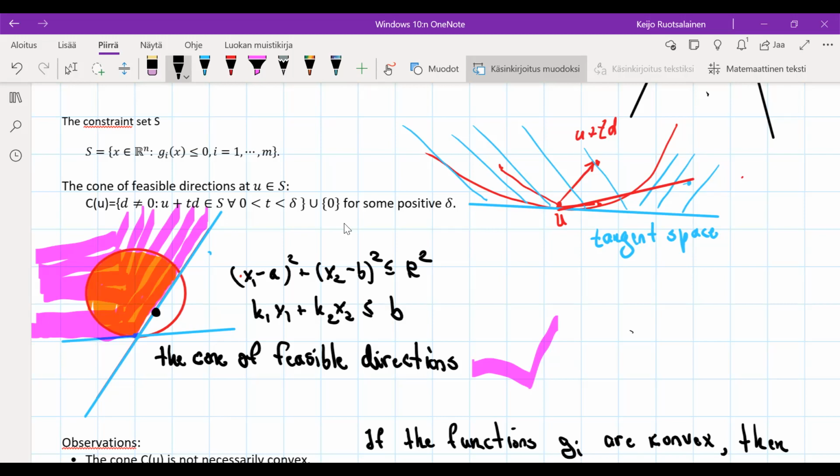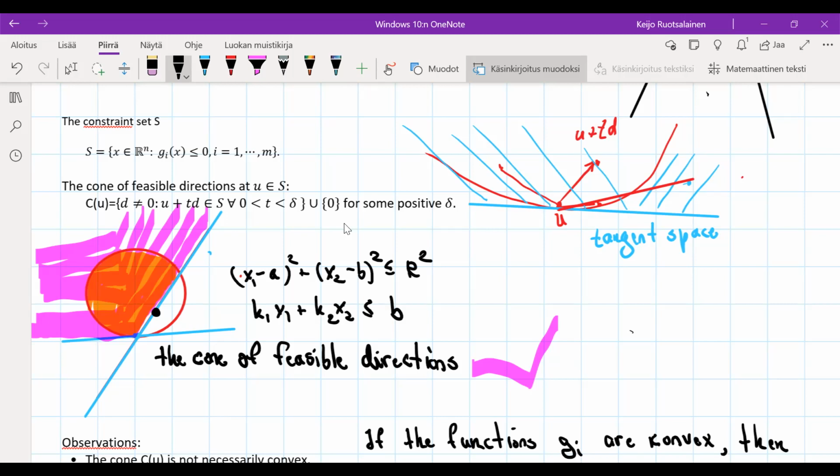So to speak, if this point were a minimum point from our optimization point of view, we can relax this inactive constraint. It is unnecessary.